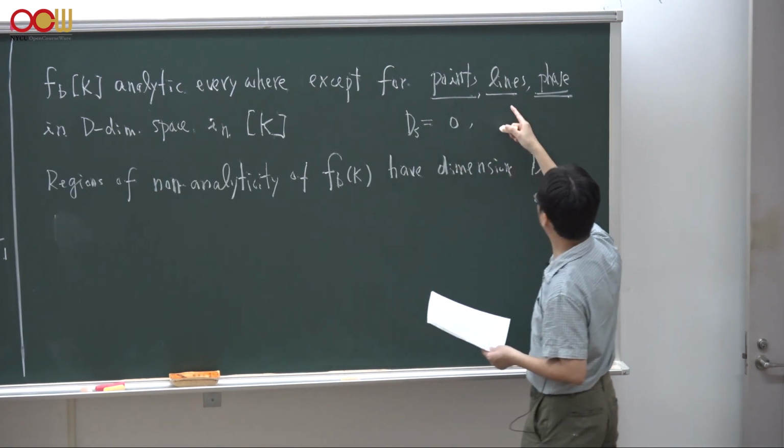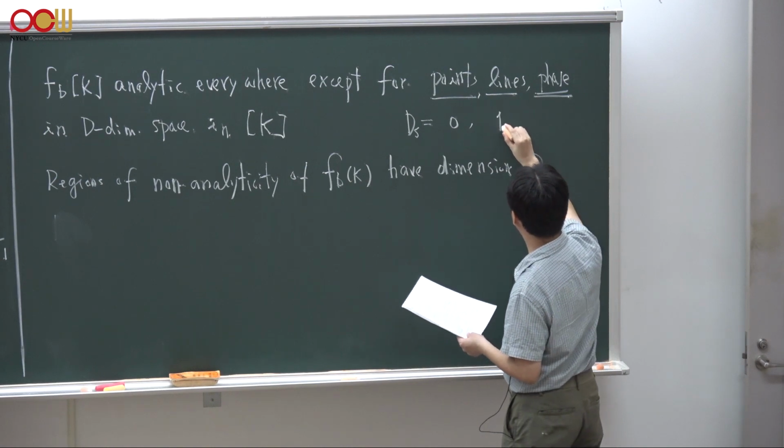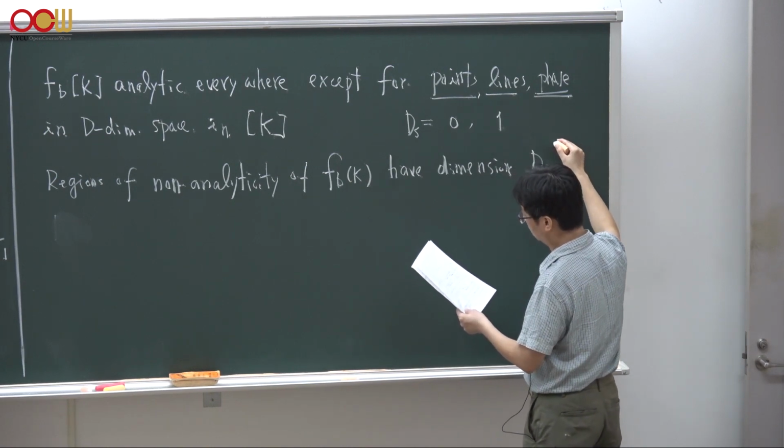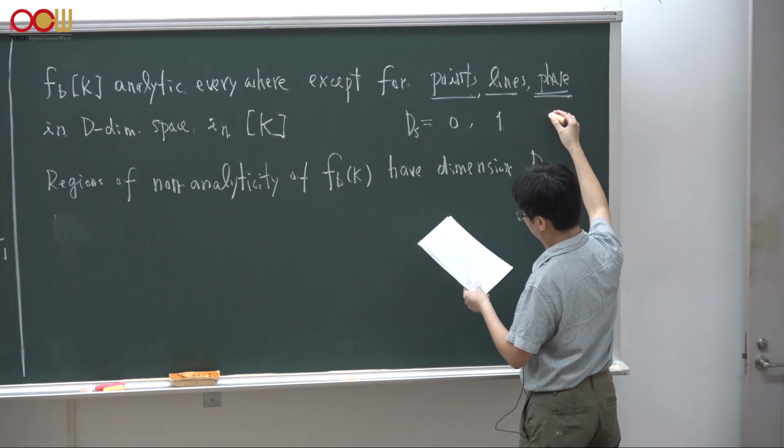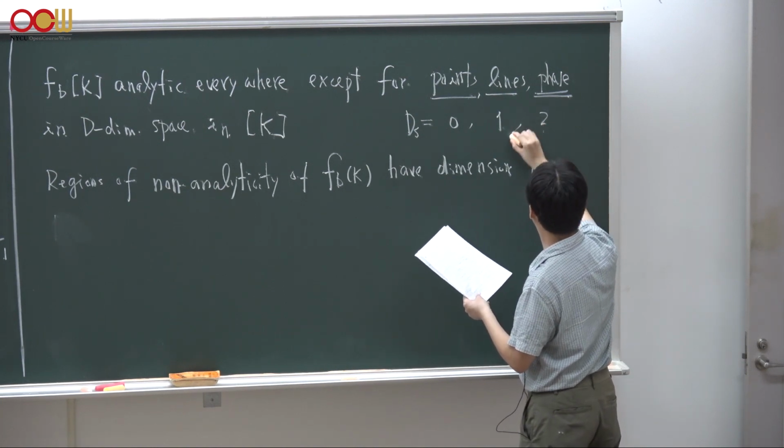If it is a critical line, ds is one-dimensional, and if it is a phase, it could be two-dimensional, and so on.